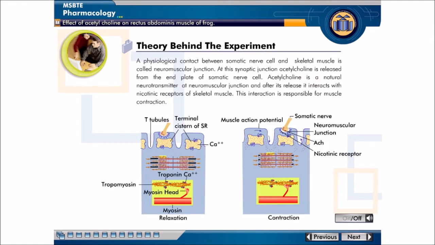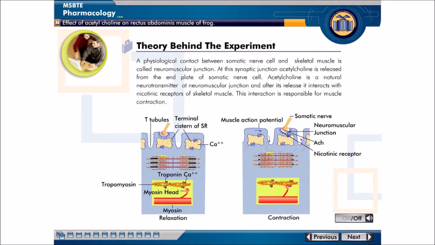A physiological contact between somatic nerve cell and skeletal muscle is called neuromuscular junction. At this synaptic junction, acetylcholine is released from the end plate of somatic nerve cell. Acetylcholine is a natural neurotransmitter at neuromuscular junction, and after its release, it interacts with nicotinic receptors of skeletal muscle.